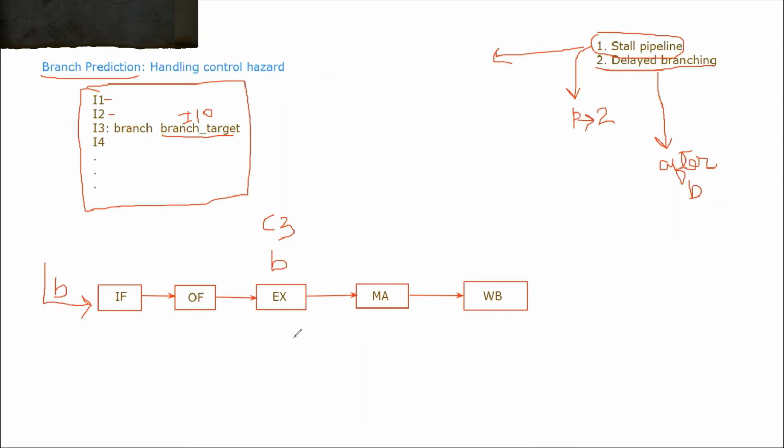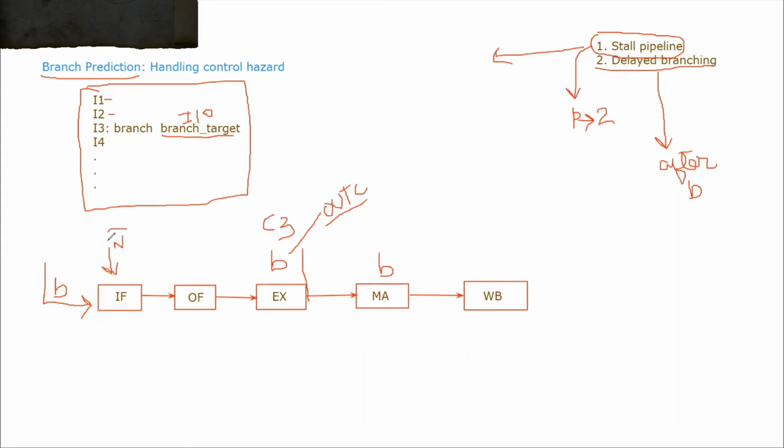In the execute stage, we know whether the branch is taken or not taken. So in the execute stage, we will know the outcome of the branch, and based on this outcome we decide what the next instruction to be fetched should be. When the branch completes the execute stage, in the next cycle it moves to memory access and we fetch a new instruction.